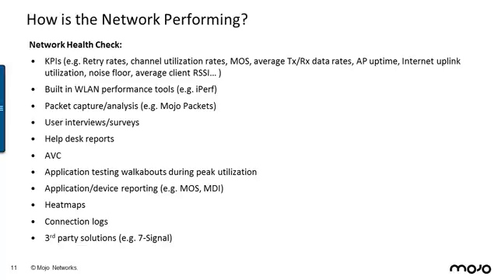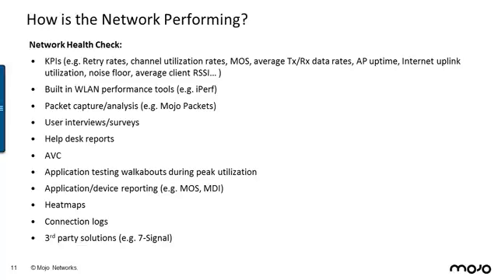Well, you have built-in wireless LAN performance tools that you can also use. For instance, our APs have iPerf built in, so that you can run an iPerf test or a throughput test to a client that also has iPerf. So you have that as one of the tools. Packet capture analysis tools, Mojo Packets. That's of course our own unique graphical-based troubleshooting tool.